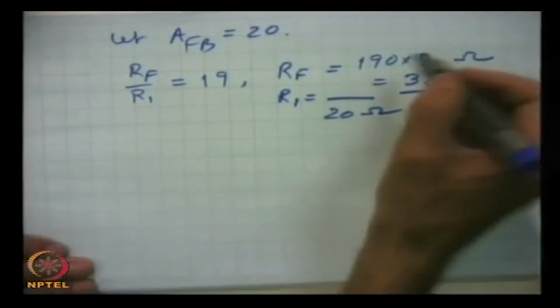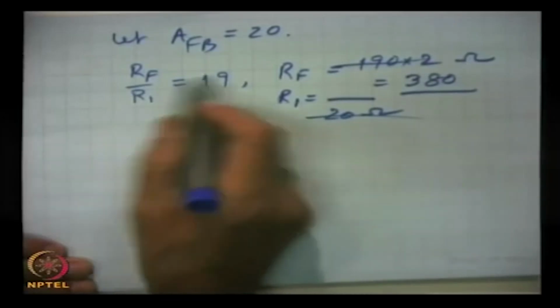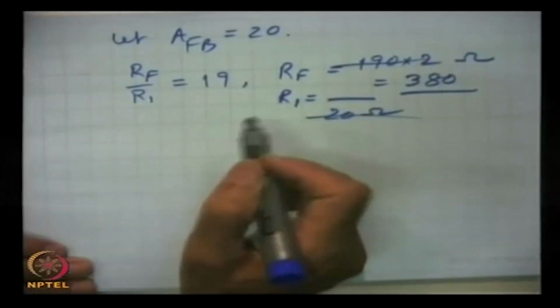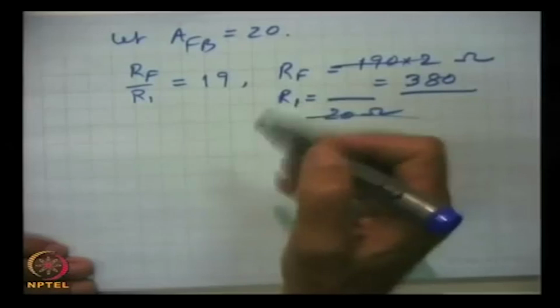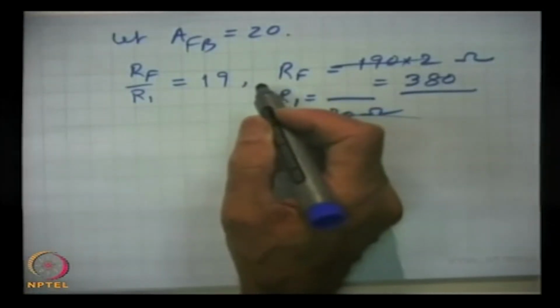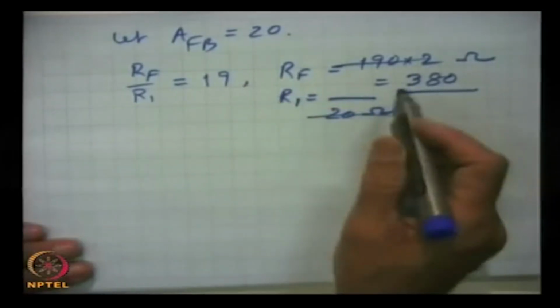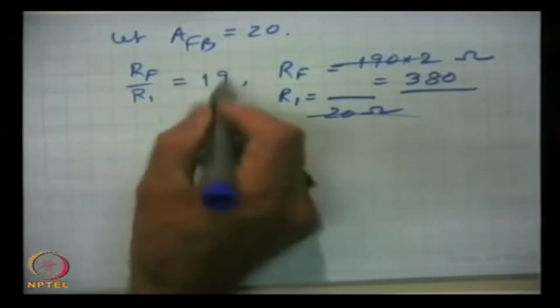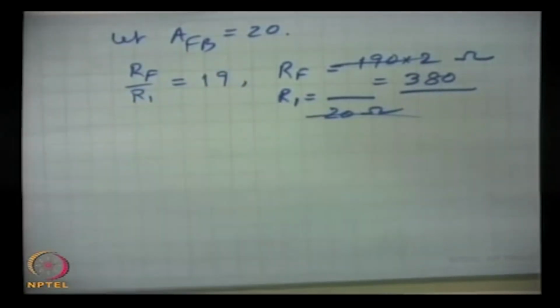So, instead of ohms, these are taken in kilo ohms, and we can have this ratio 19, then gain will be 20.